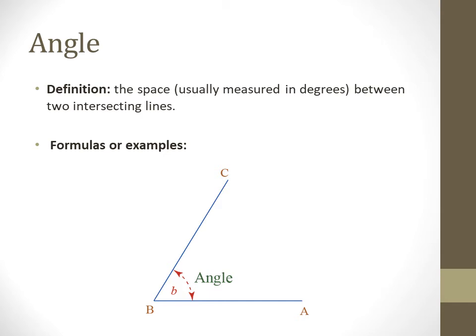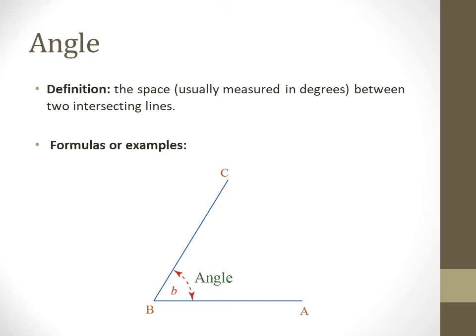So, first of all, here we've got our two lines. We've got AB and BC. And they intersect, they come together, and that space between the lines is our angle. I'm sure you know this already, okay?